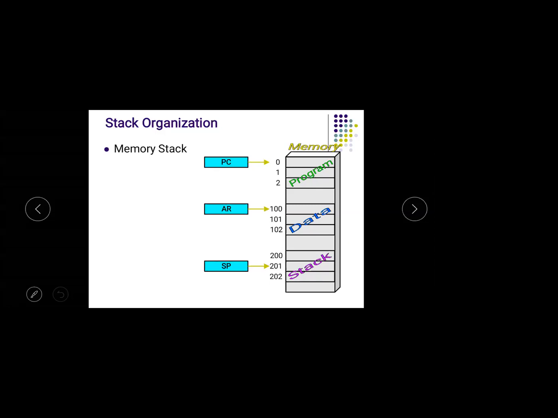One part is used to store programs, another part is used to store data, and this part is used as the memory stack. These memory words are used for memory stack operations.